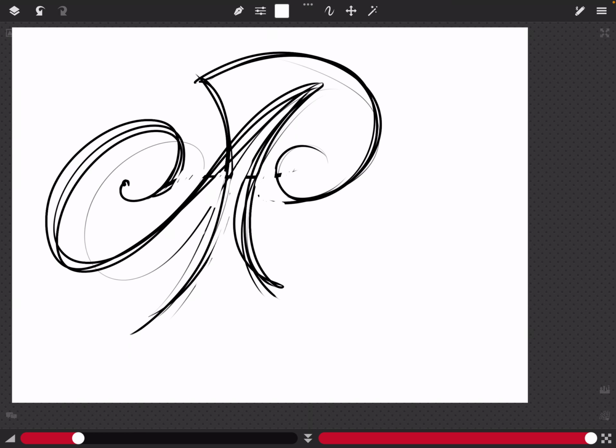One of the things I try to avoid is having three lines cross. So having this happen here is not a good idea. But having it happen down here, I like to have room.